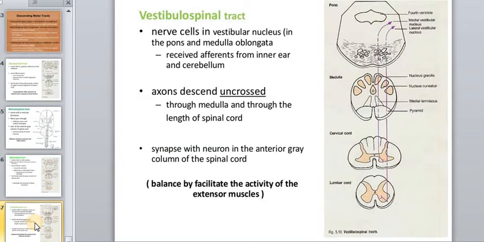And we will discuss the red nuclei and damage to some part of the brain and medulla oblongata, which can have symptoms like decerebrate rigidity. Vestibulospinal tracts, you can just read the text.